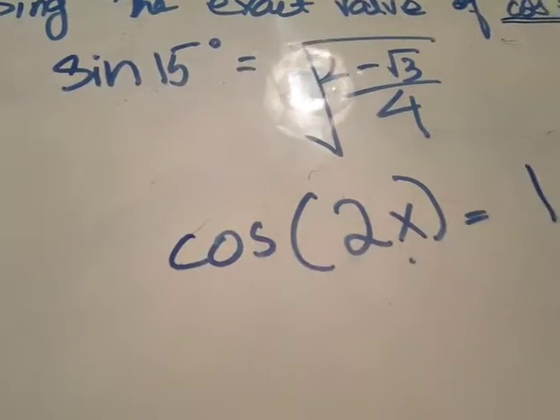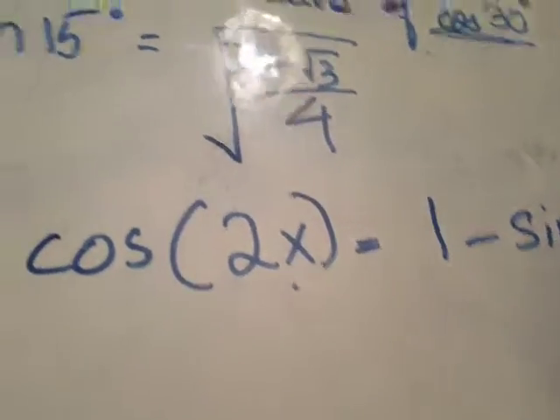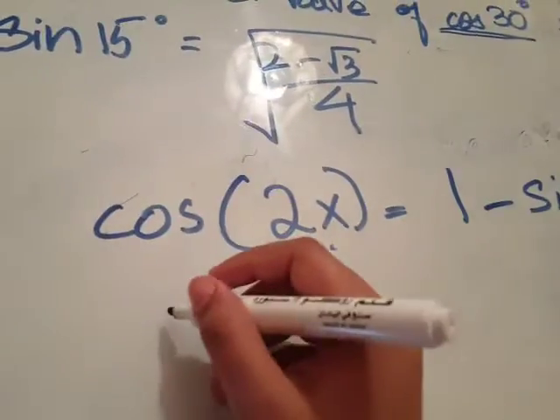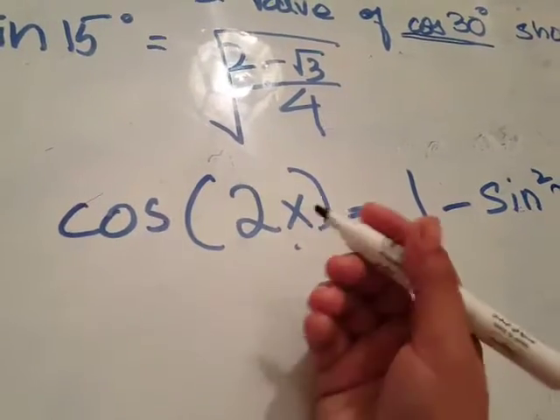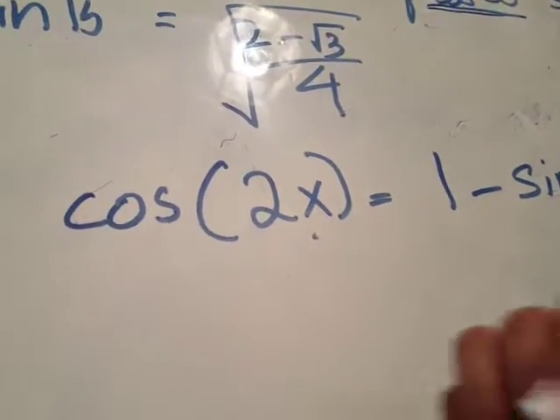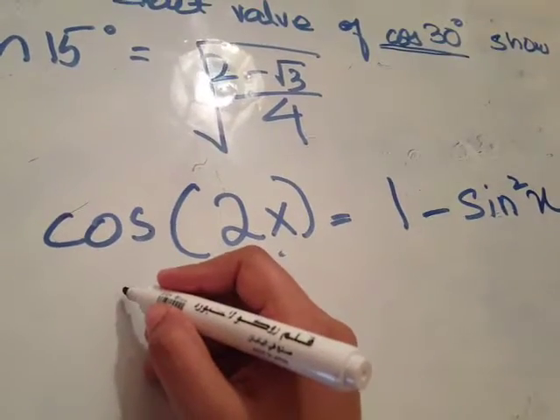So we have this double angle identity where cos of 2x is equal to 1 minus sine squared of x. These formulas you can find in your formula sheets as well, but it's better to memorize them because it's good if you practice more and more. It's better for you to memorize it instead of just looking into the formula booklet all the time.